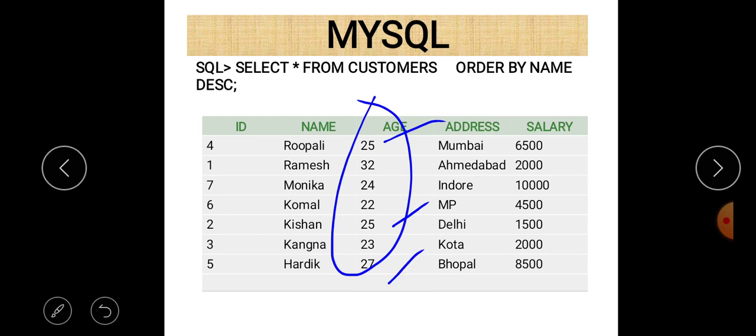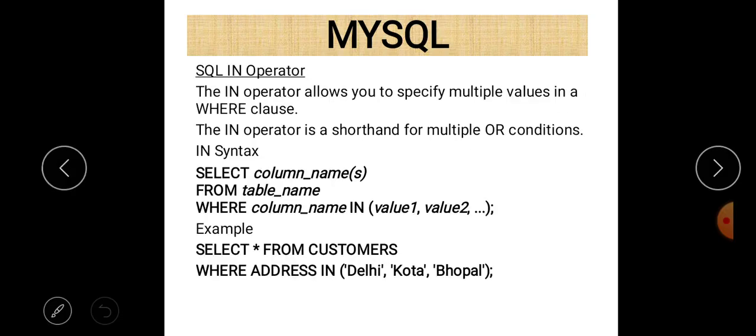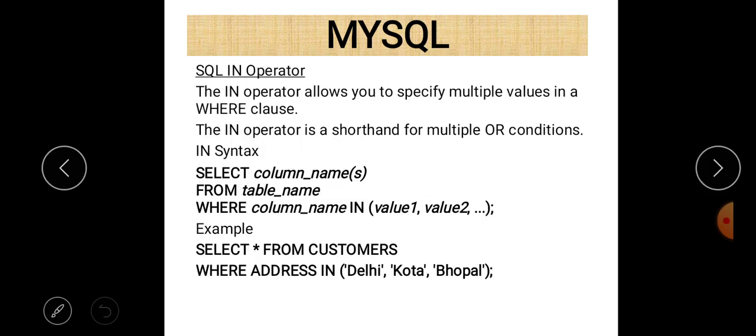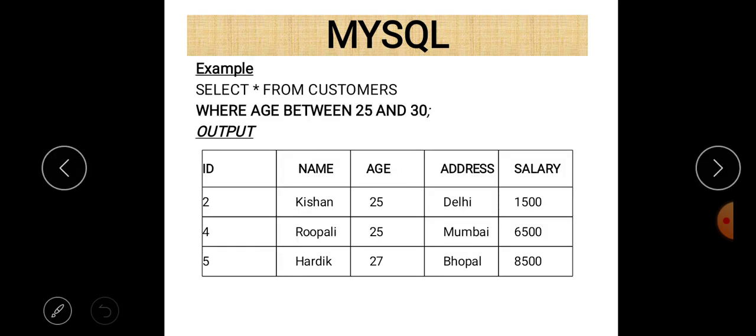So only three rows are selected, for Rupali, Kishan and Hardik. So this is the result related to the BETWEEN operator.